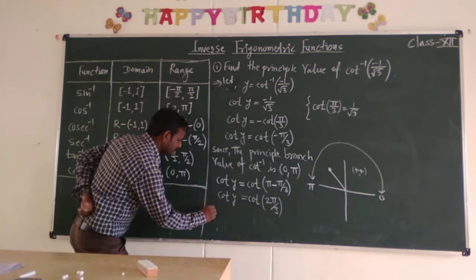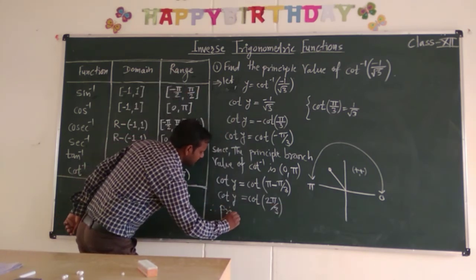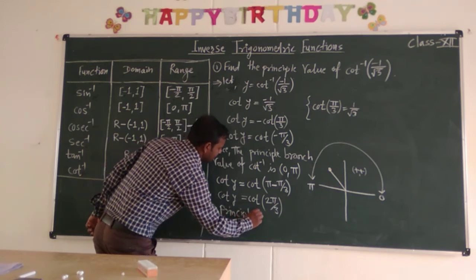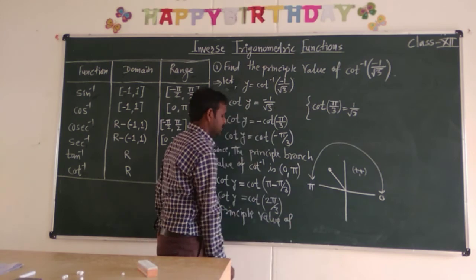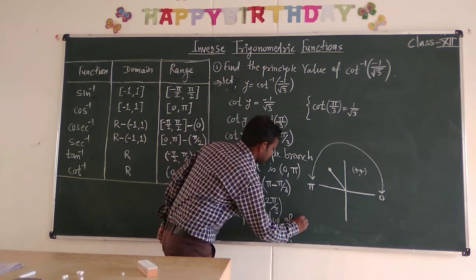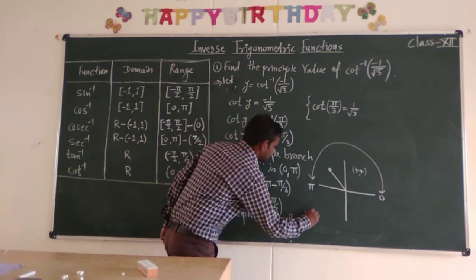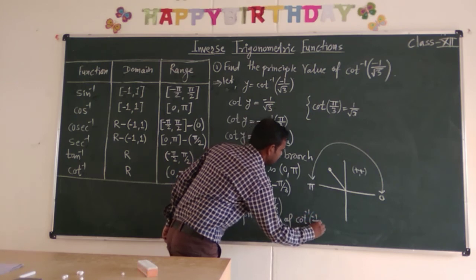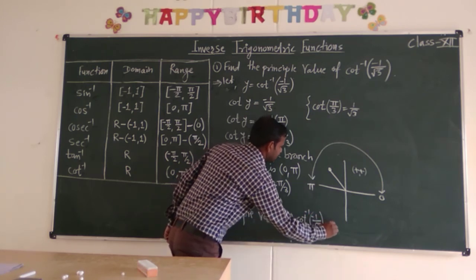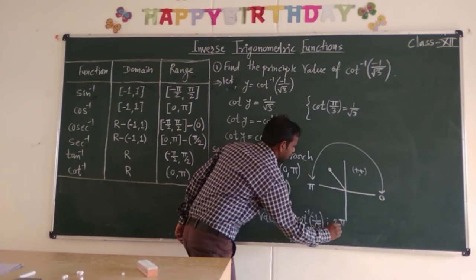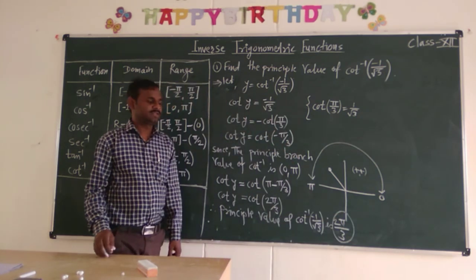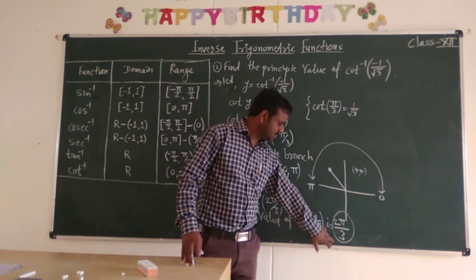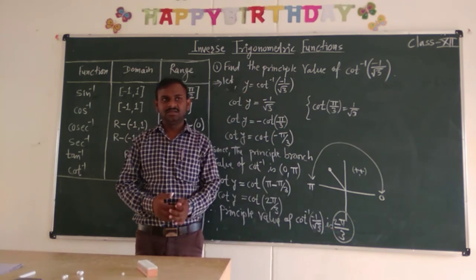Okay. Therefore, the principal value of cot inverse minus 1 by root 3 is 2 pi by 3. This is our last answer. Thank you.